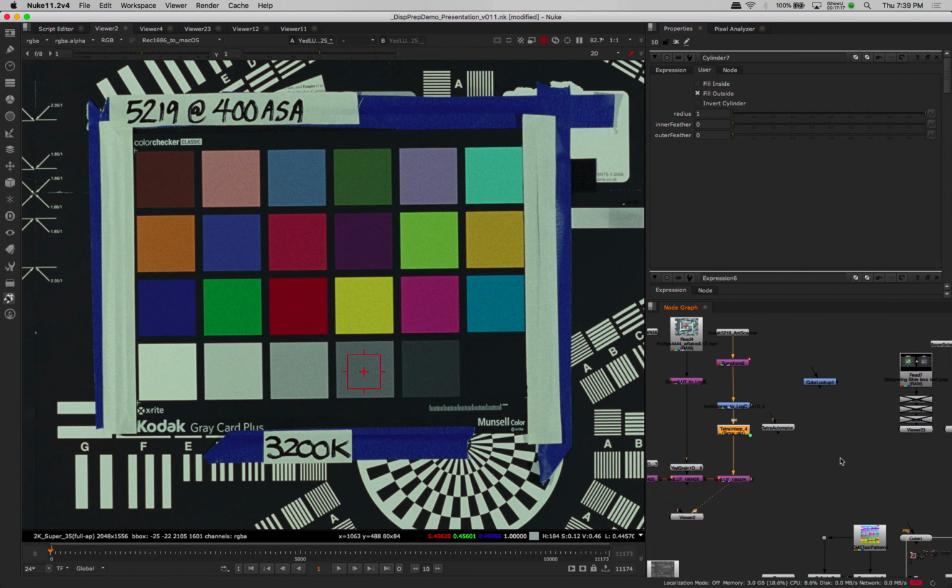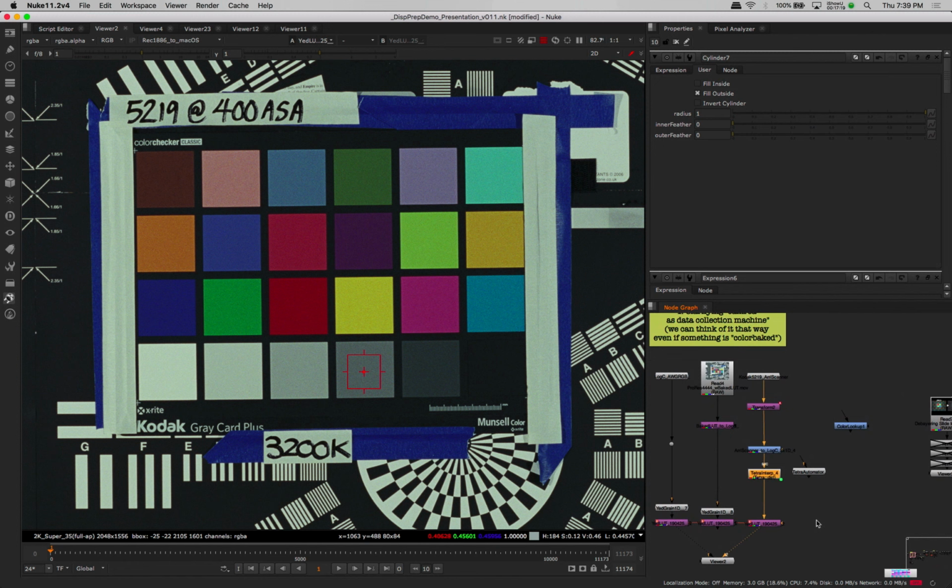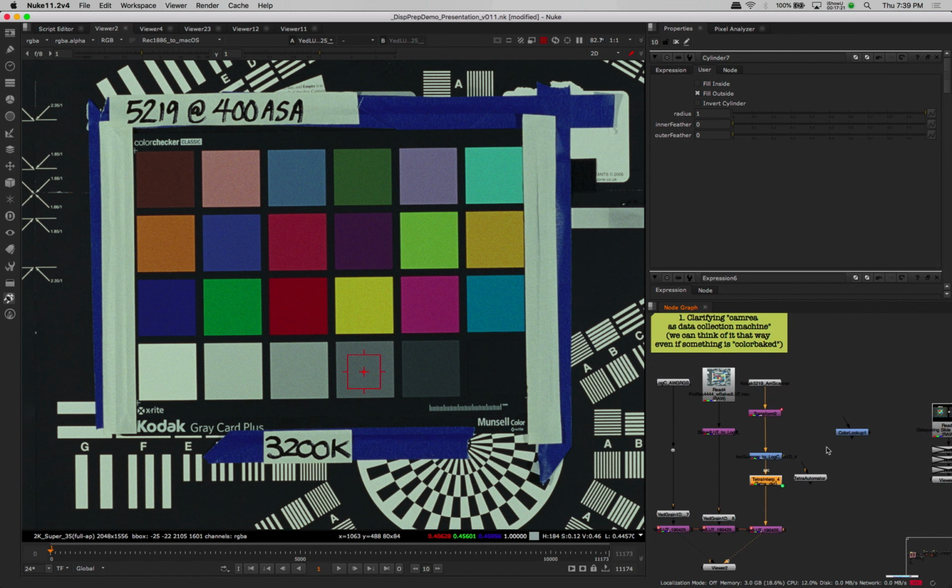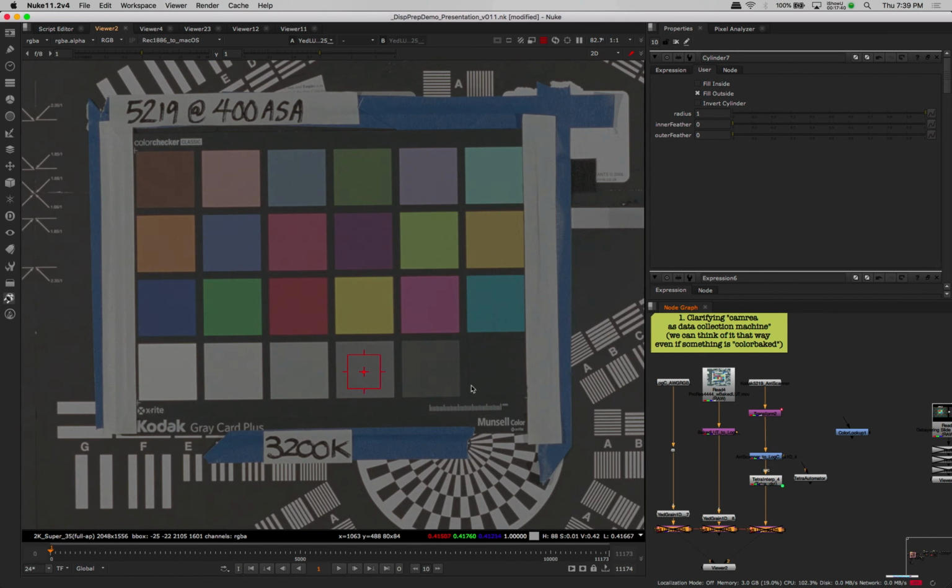It would be a small outlier. So that's what I mean by a data collection machine, that we can not recalibrate the camera, but recalibrate our brain to think about the camera as just a data collection machine, and that we can push any one set of units to another.